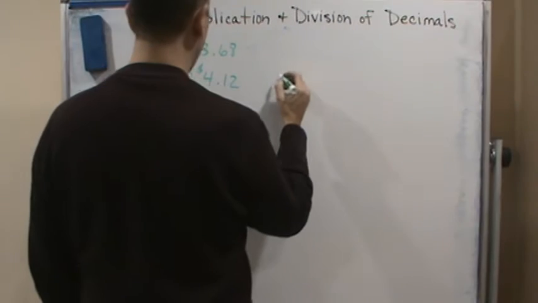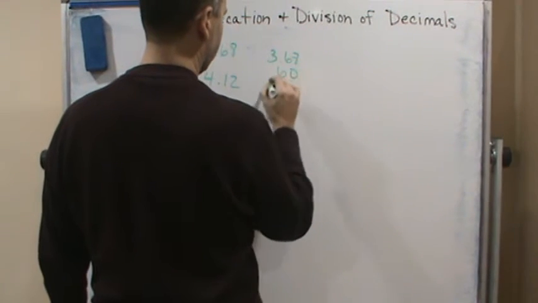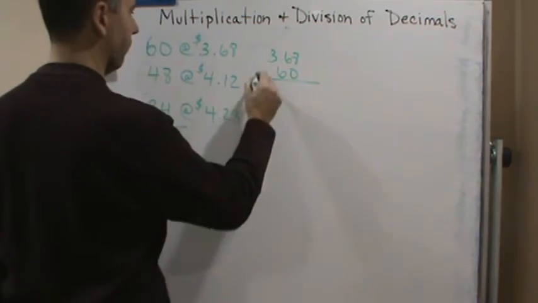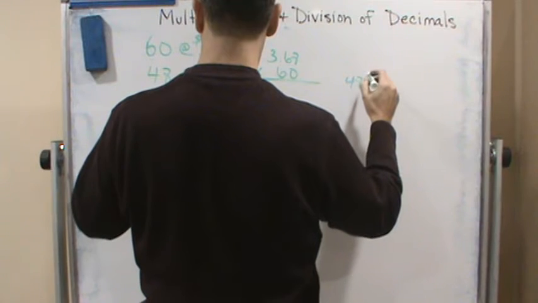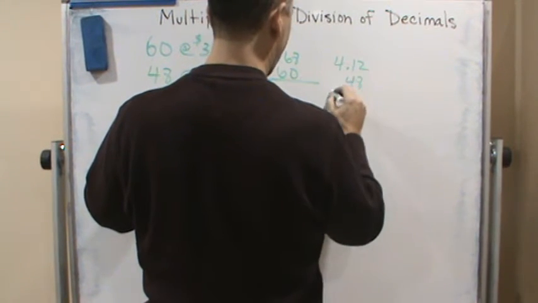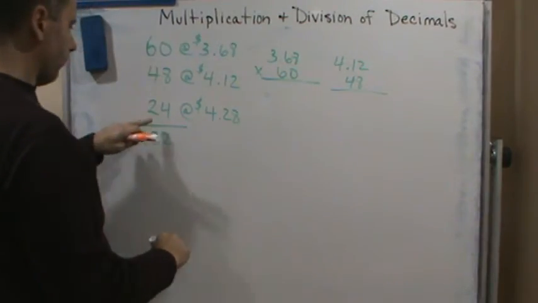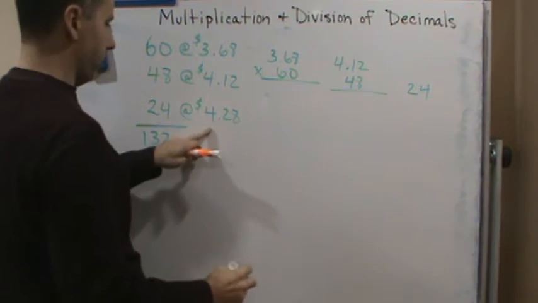So 60 times 368, and then 48 times 412, and 24 times 428.